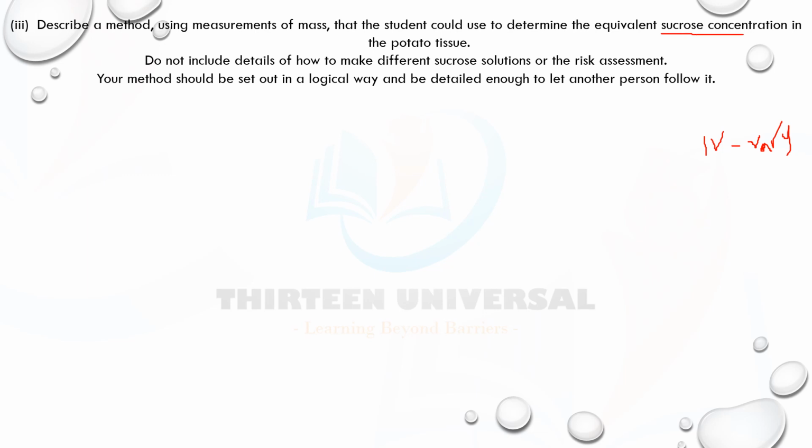Another thing you have is the dependent variable. The dependent variable is your water potential, but you measure water potential by measurement of mass. Of course, remember that you're going to put the potato tissue in each of the sucrose concentrations, because the dependent variable is what we measure.